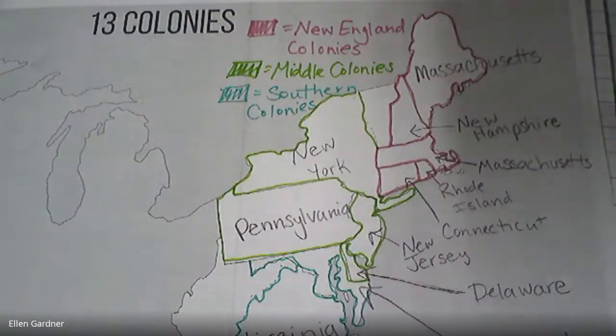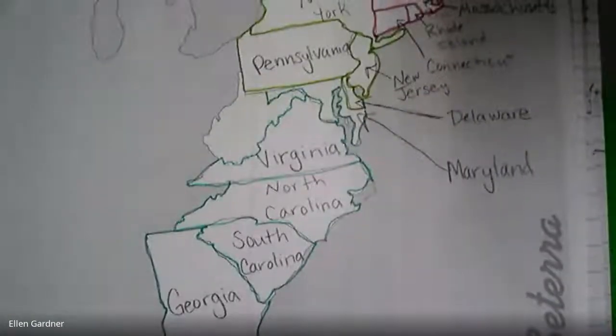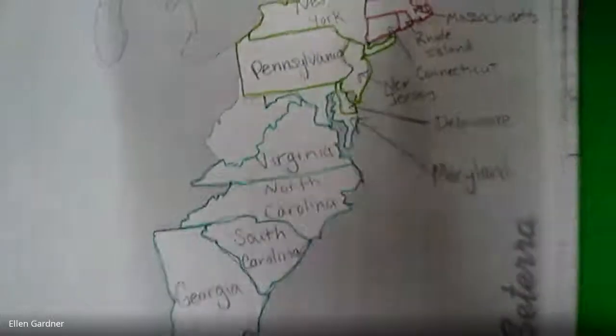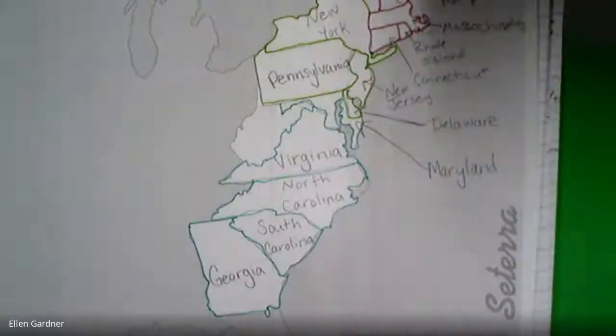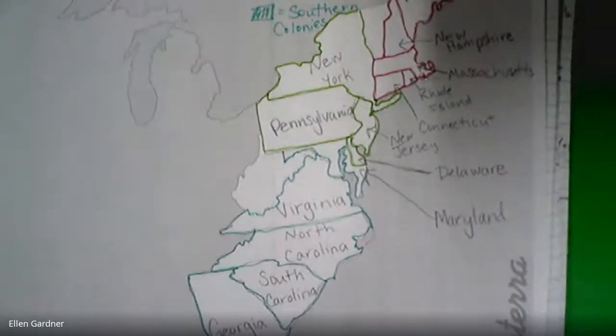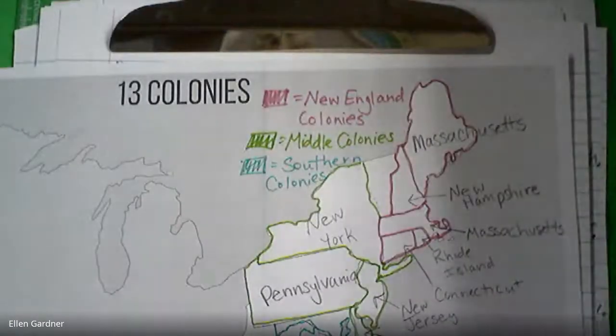Okay, so we've got New England, Middle, and Southern. Okay, I'm going to zoom out. Keep that up for a little while for you guys to continue. And there's that key at the top again.